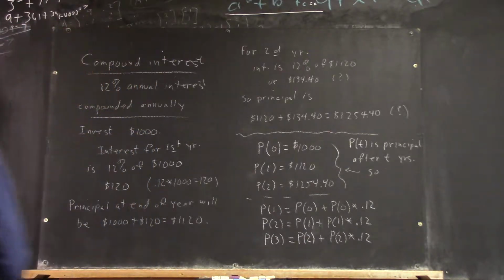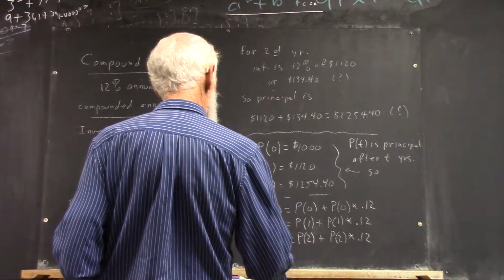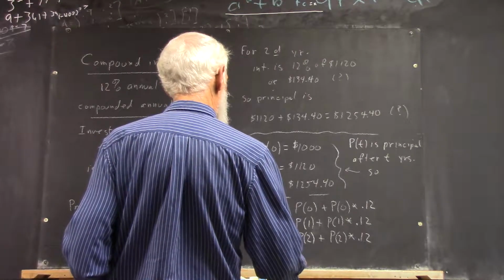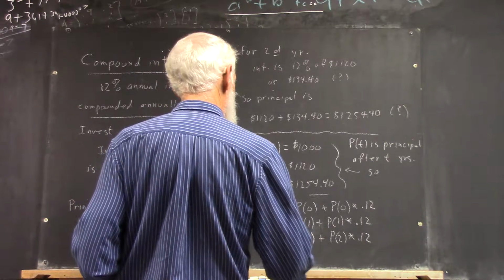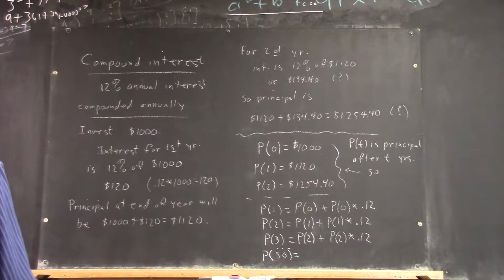So, how would you write P of 50? Write down what you would write for P of 50.